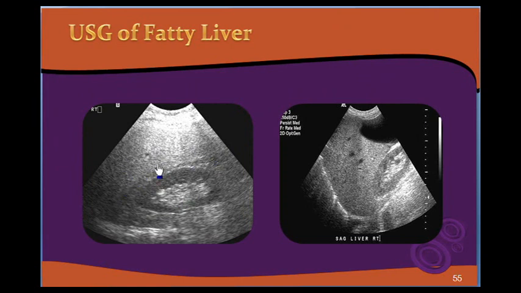We do not see much of vasculature there, hyperechoic shadows of the liver. Similar is the picture in this case also, but this is somewhat less diffuse, more localized in this area, whereas this one looks to be more diffuse involvement of the liver with fatty changes.